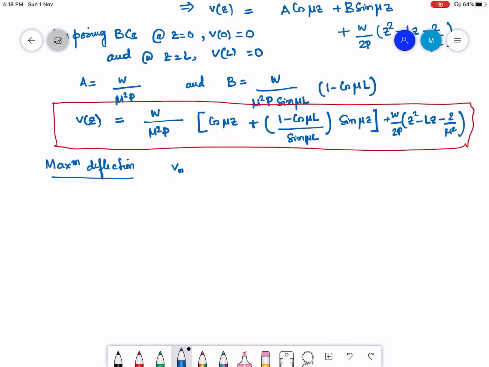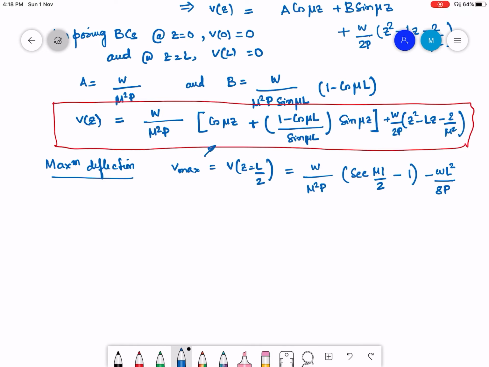So V max is actually going to be V at z equals L by 2. If I put z equal to L by 2 in the previous equation, what I'm going to get is w by mu square P into sec mu L by 2 minus 1 minus wL square by 8.